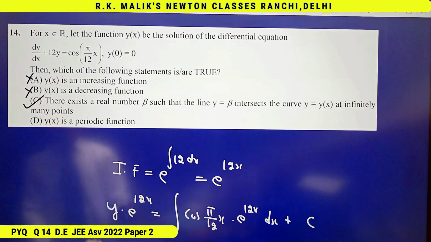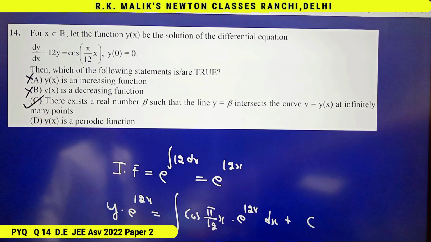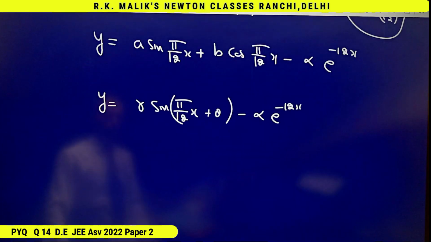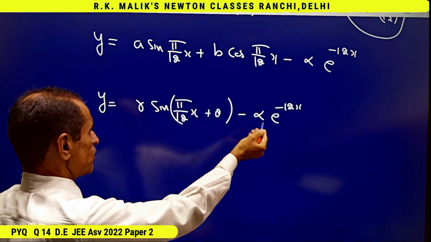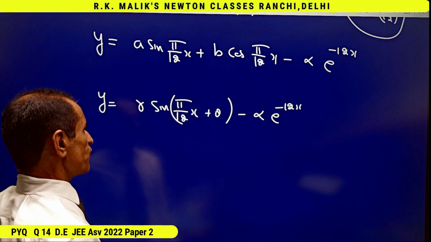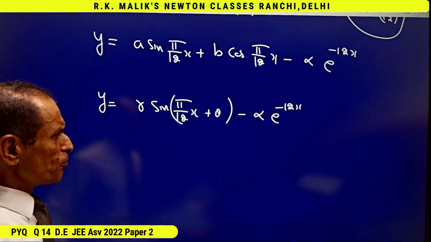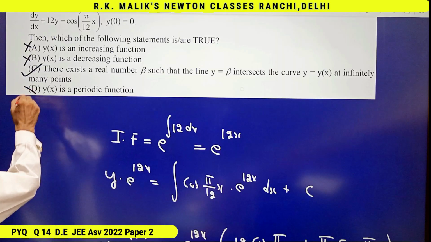Hence, C choice is correct. And in D choice, y(x) is a periodic function is wrong because y(x) is a sum of periodic and non-periodic function, and sum or difference of periodic and non-periodic is always non-periodic. Hence, D choice is wrong.